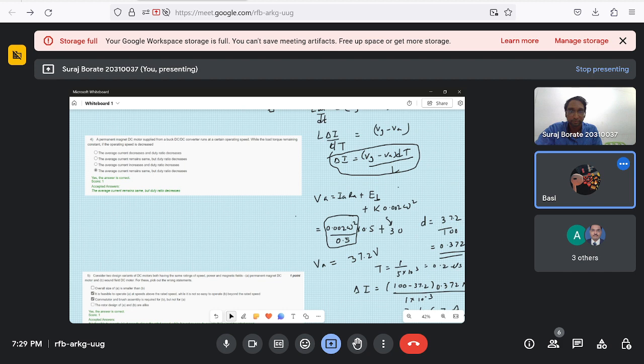IA is constant, RA is constant. IA is constant because torque is constant, and VG is constant. So what is happening to the duty ratio? Duty ratio is also decreasing, but the current is constant, right? Any doubts over here? That is why the average current remains the same and the duty ratio decreases. Fine.